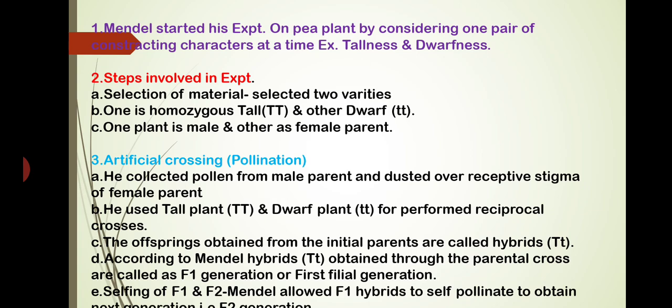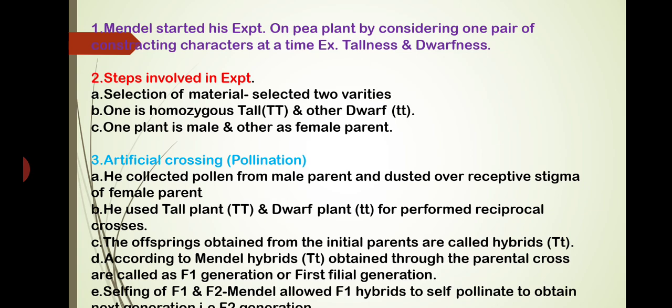They fertilize each other and form capital T small t, which is known as hybrid. According to Mendel, hybrids, capital T small t, obtained through the parental cross are called the F1 generation, also known as the first filial generation.